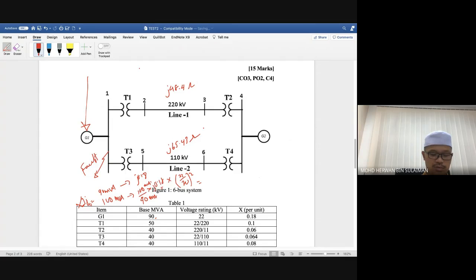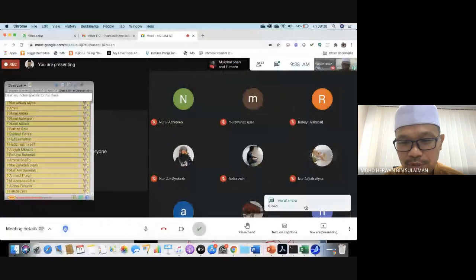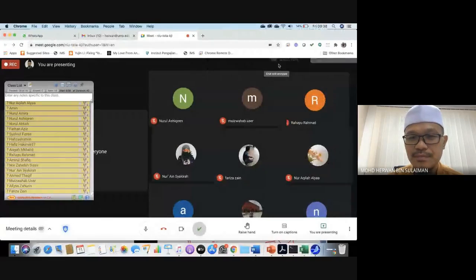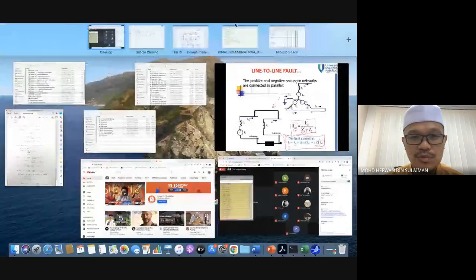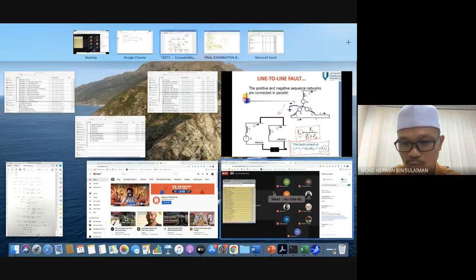So 22 bagi 20 darab 1. Berapa dapat? 0.242. Betul lah? 0.242. So kat sini value dia ialah J0.242.